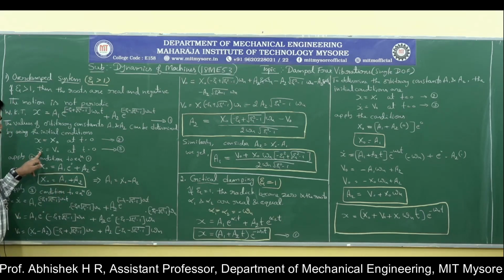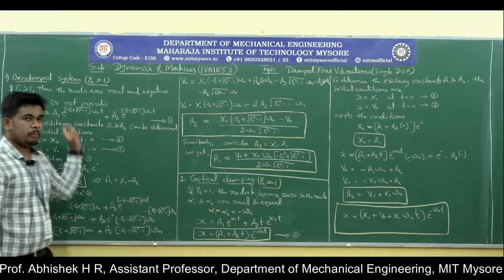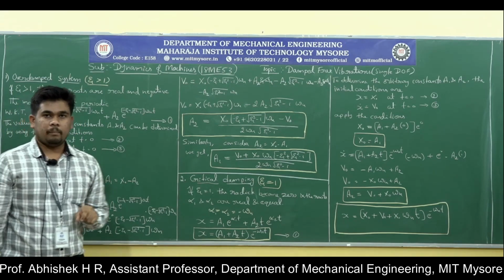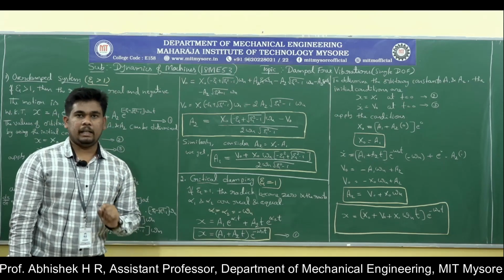Now I will apply the next condition, that is x dot is equal to v naught at t is equal to 0. But here I have x, and the condition is saying x dot. So differentiate the expression with respect to time, that is dx by dt.